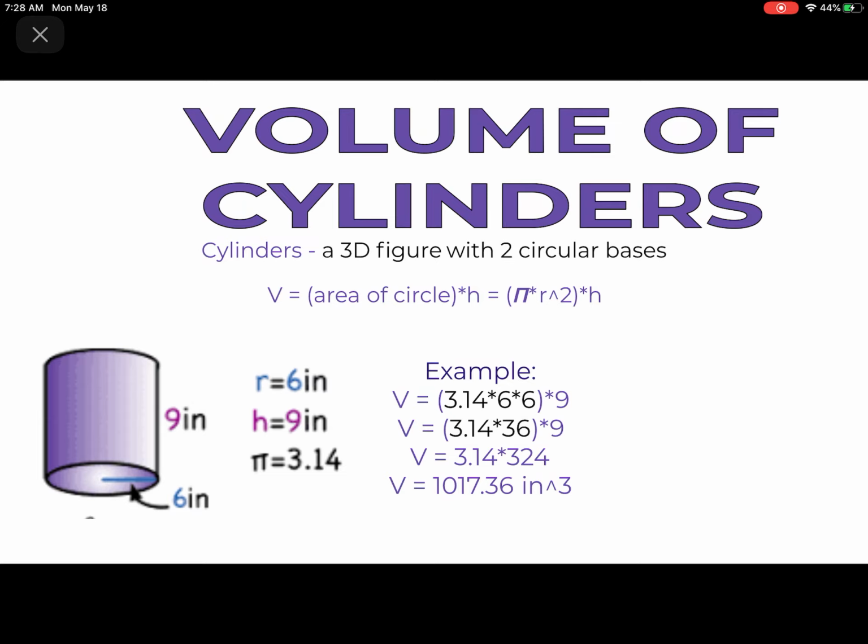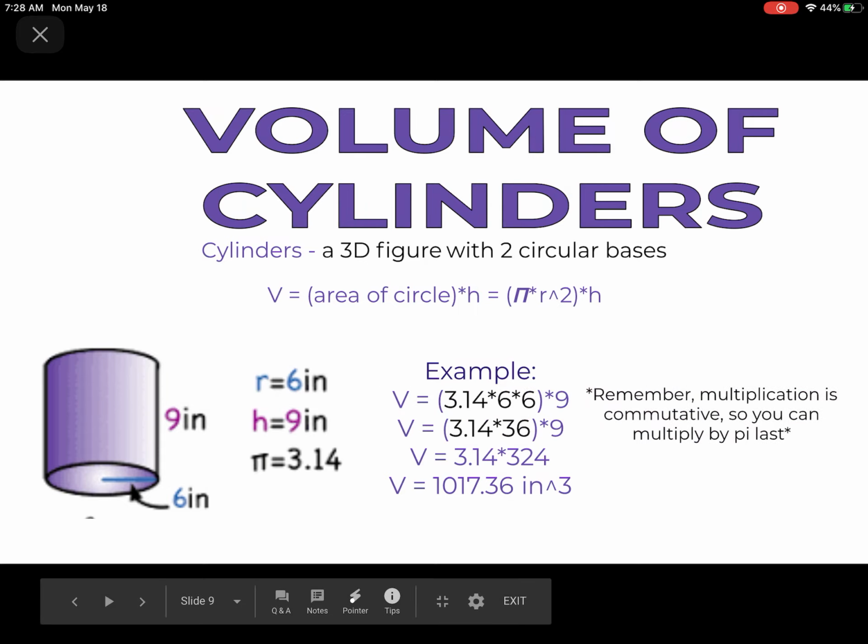All right, but we're going to plug all this in. So the volume equals 3.14 times r squared, 6 times 6, times the height, which is 9. So then I have volume equals 3.14 times 36 times 9. Remember, since it is multiplication, it is commutative.